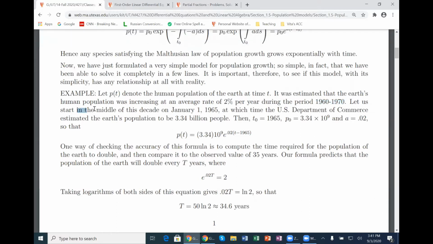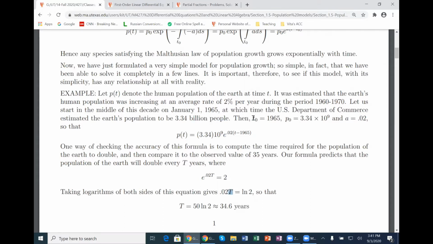Let us start in the middle of this decade on January 1st, 1965, at which time the US Department of Commerce estimated the Earth's population to be 3.34 billion people. So we come up with the following model.